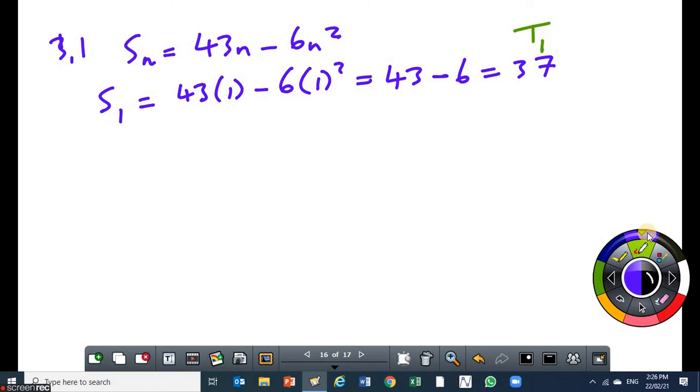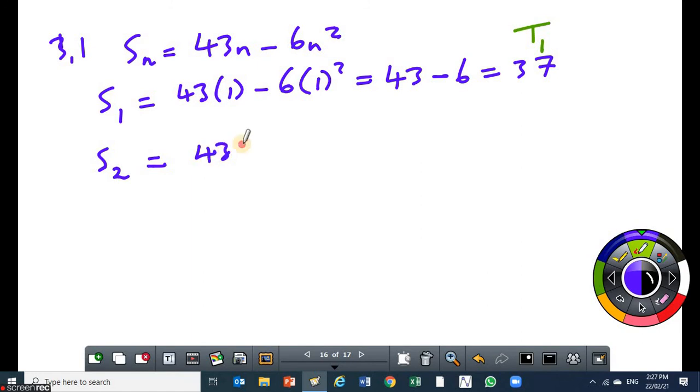Let's get on. S2. Now I want you to be aware, this is a little bit tricky. S2 means you are adding T1 and T2. So let's find S2 and then use S2 to determine T2. So we use S2 and T1.